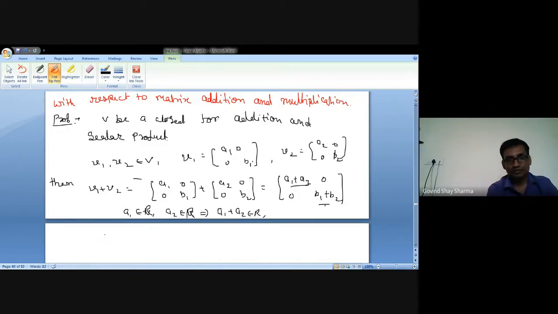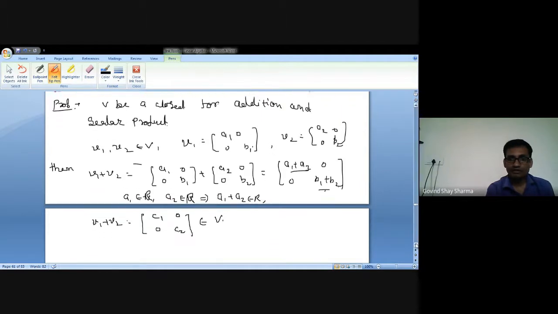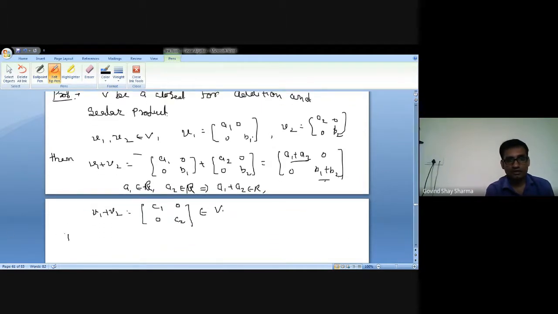So B1 plus B2, we can give the name C1, 0, 0, C2, is also an element of V. Then we can say it is closed for addition.